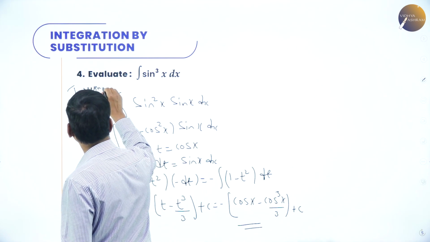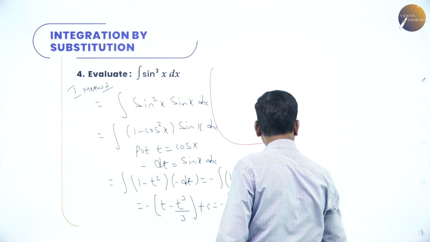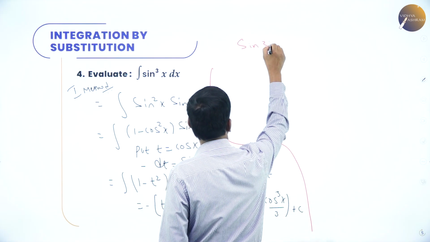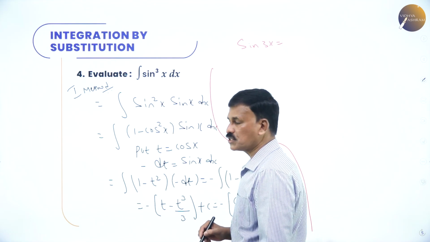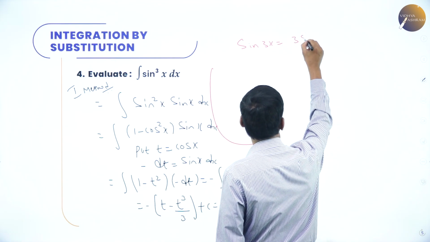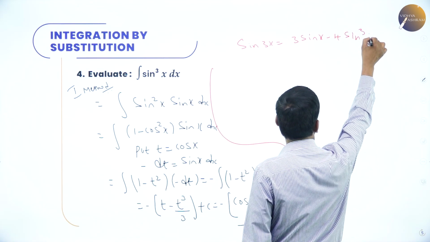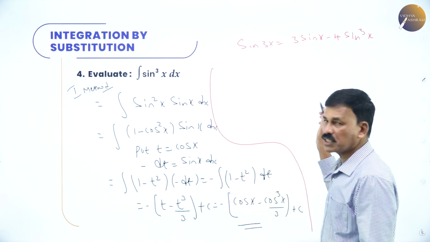This can also be solved using a formula we know: sin 3 theta is equal to 3 sin x minus 4 sin cube x. Get the value of sin cube from this.